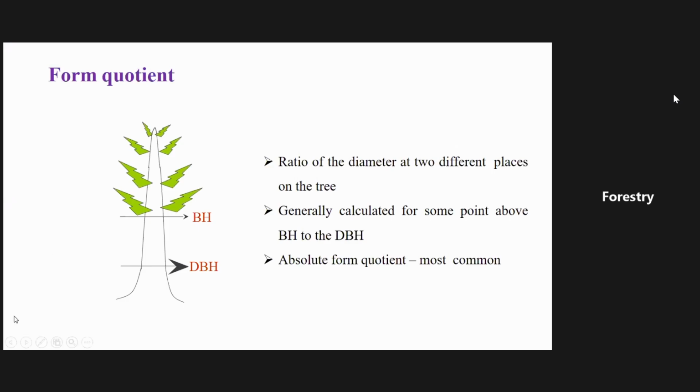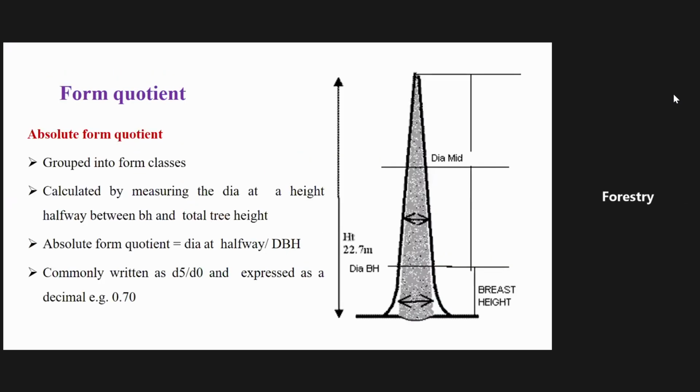The absolute form coefficient is the most common one used, and it is grouped into form classes. Mainly it is calculated by measuring the diameter at the height halfway between breast height and total tree height.